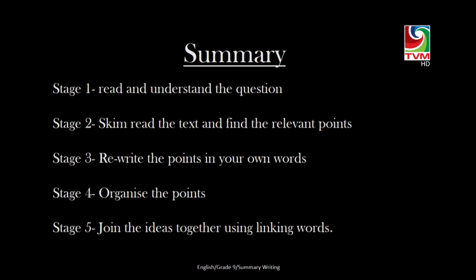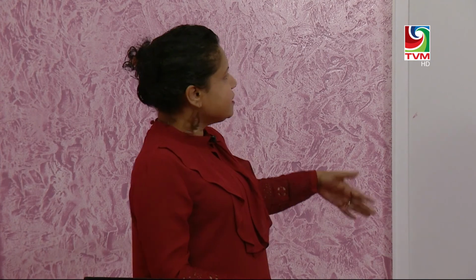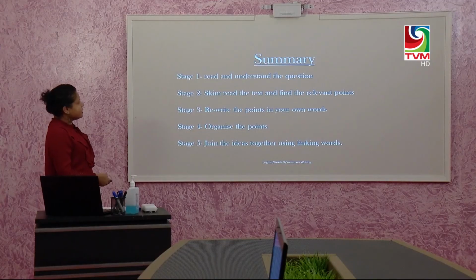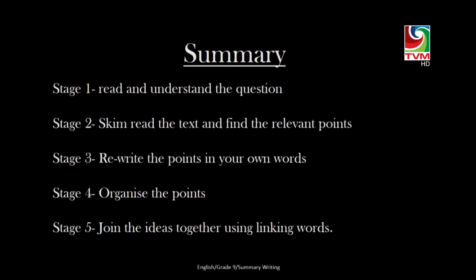So, we have completed all 5 stages. Let's look at them again. So, summary writing is divided into 5 different stages. Stage 1, read and understand the question. As you read, you underline the keywords. Stage 2, skim read the text and find the relevant points. Again, as you read, you have to underline the relevant points.